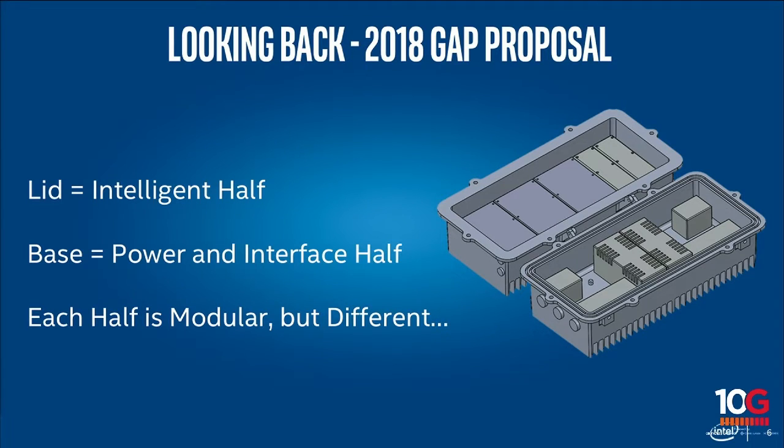For those of you with really good memories, I talked about a lid half that I was calling an intelligent half, and a base that was a power and interface half. I mentioned that we envisioned each half would be modular but different, because of the different types of components you need to deal with inside of these nodes. So let's take a look at how we've evolved the specification since then.